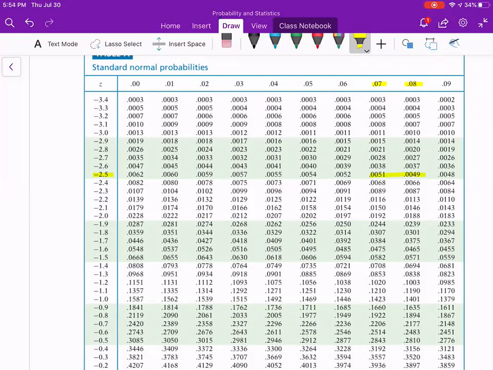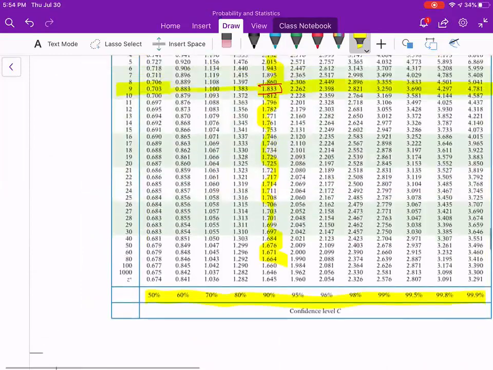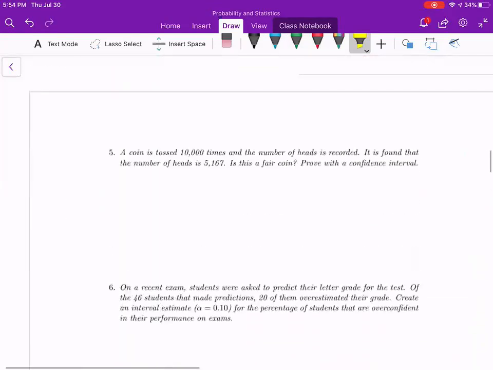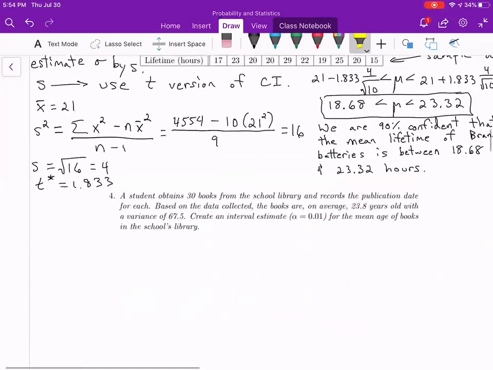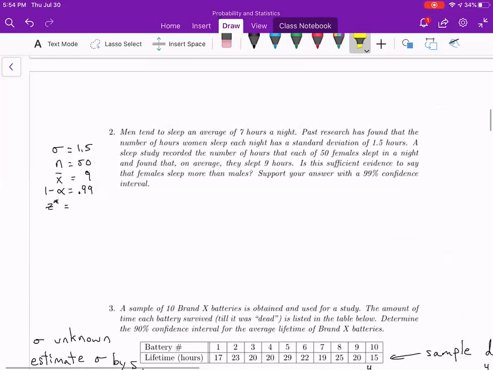So the average of 2.57 and 2.58 is 2.575. So that's what I'm going to use for my critical value.